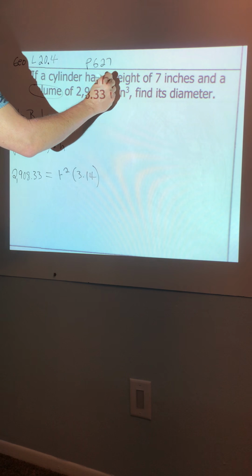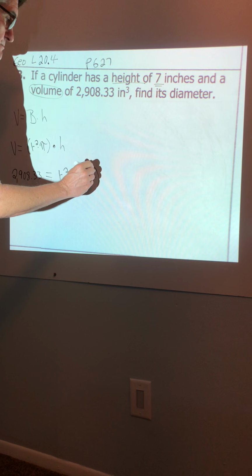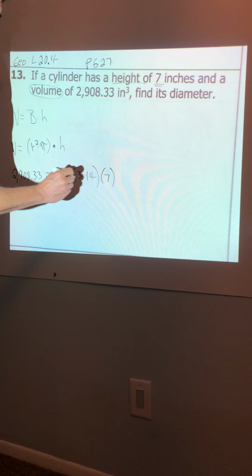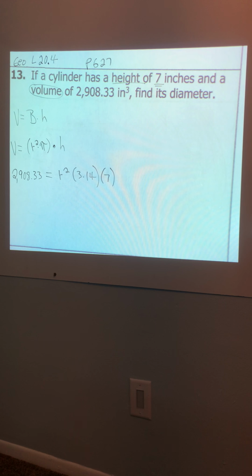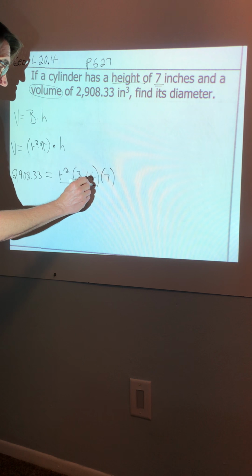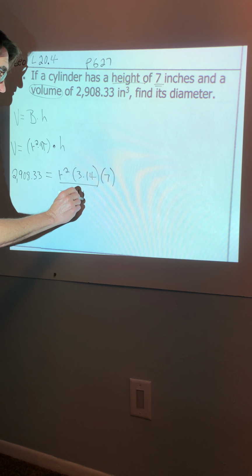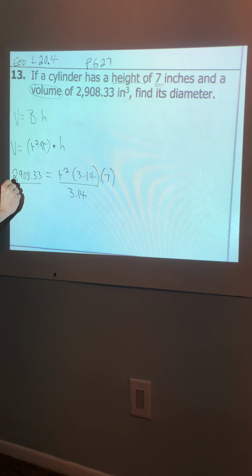The height is 7 inches, so put 7 right here. And folks, you know it before I even say it, we're going back to Algebra 1, okay? So you're going to divide both sides. We're solving for r. This is why we spent so much time on equations. I know if you were stuck with me your freshman year, yeah, we did a lot on equations.